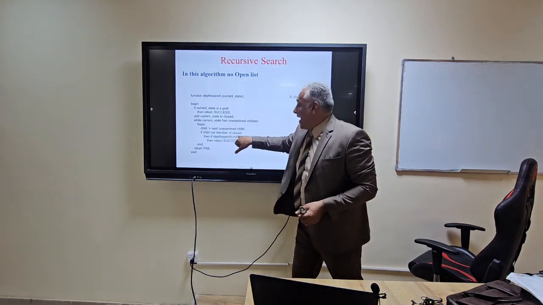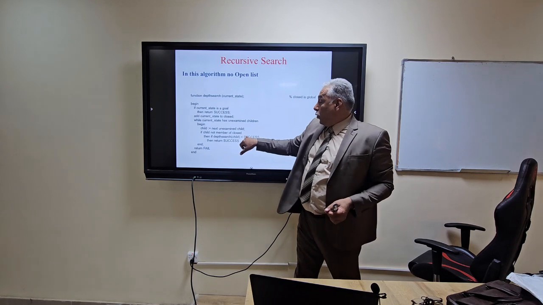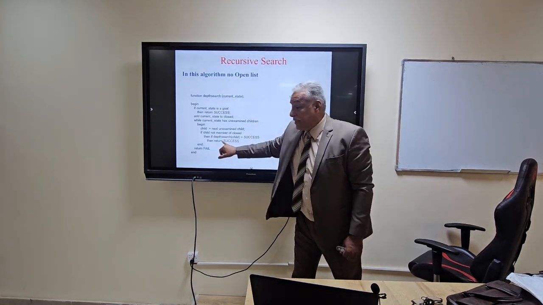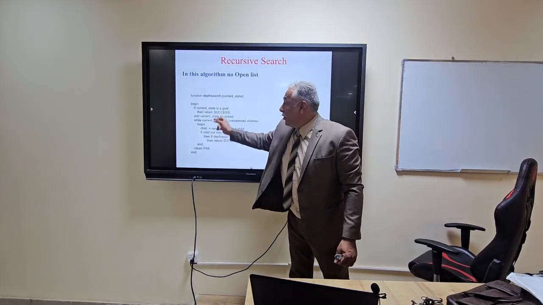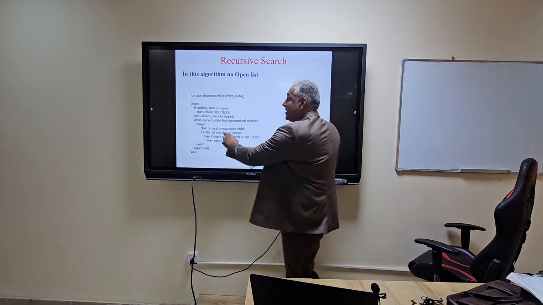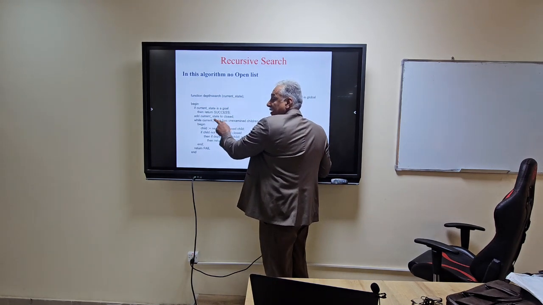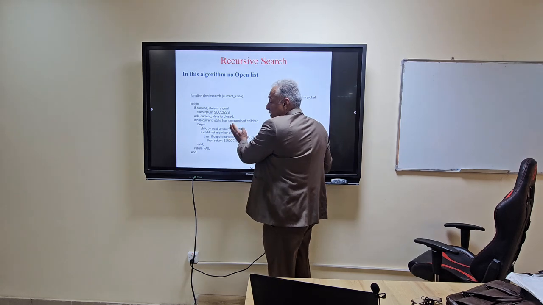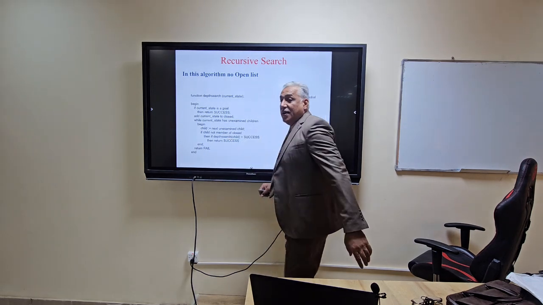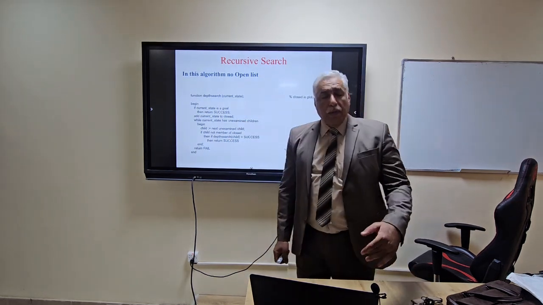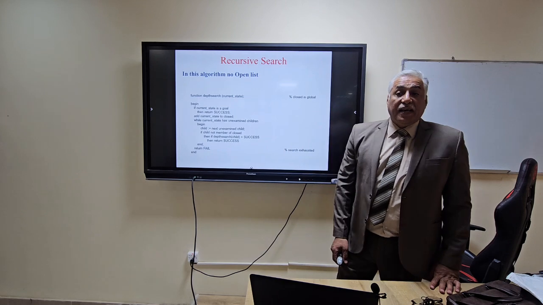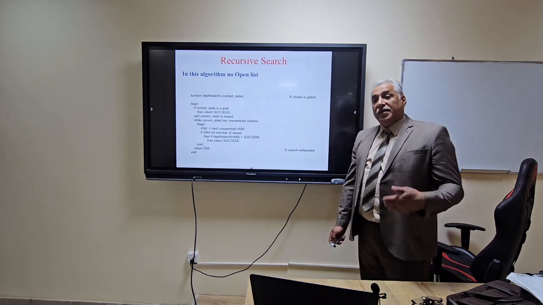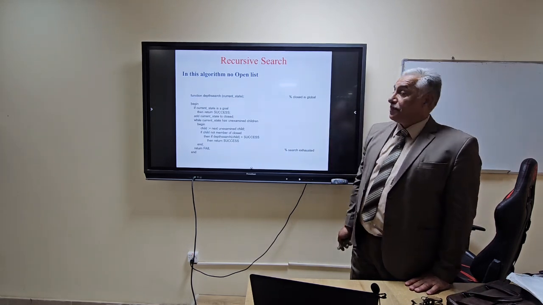This is recursive. If it succeeds, return success, otherwise continue until I reach an empty current state. If there is no goal, that means fail. This is the representation or implementation of the recursive algorithm.